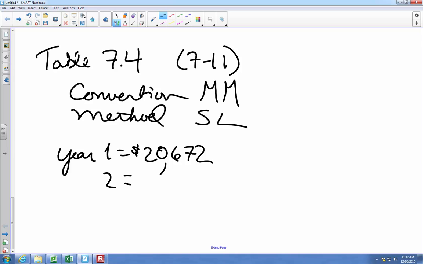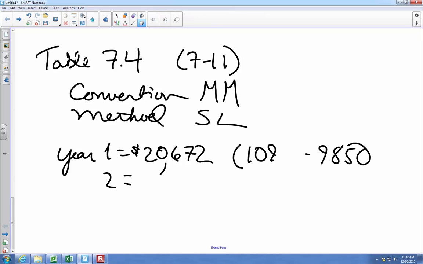800,000 times 0.01364, 1,091 for the first property. And then on the second one, 500,000 times 0.0197, 9,850. The first number is 10,000.